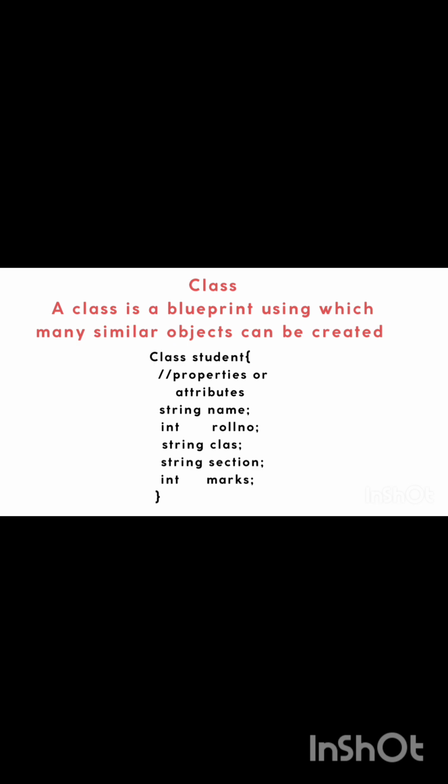So we create a class called student. Student will have a name, a class in which he studies, a roll number, maybe a section, and can have some marks which he might have obtained. So here we define the class student.